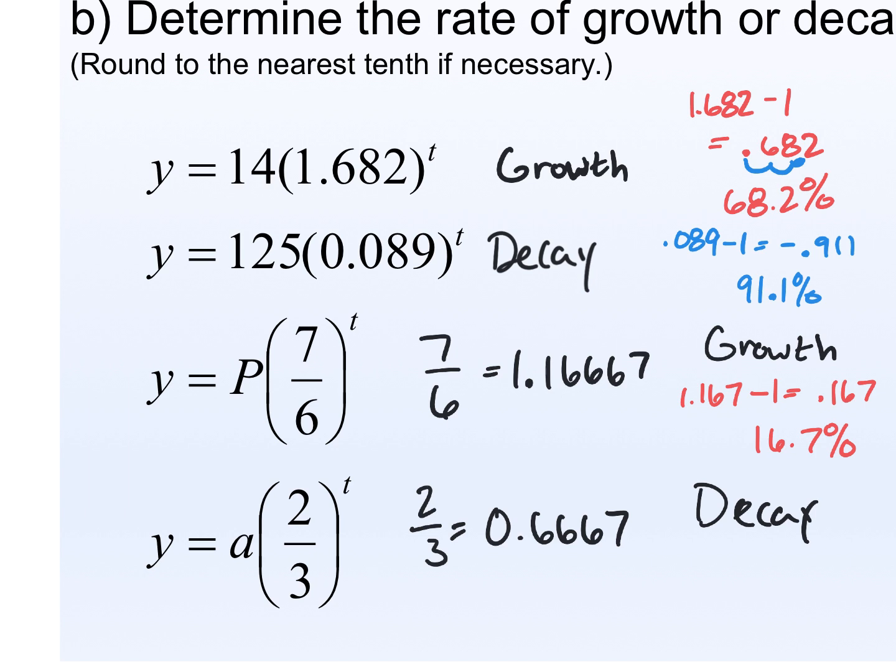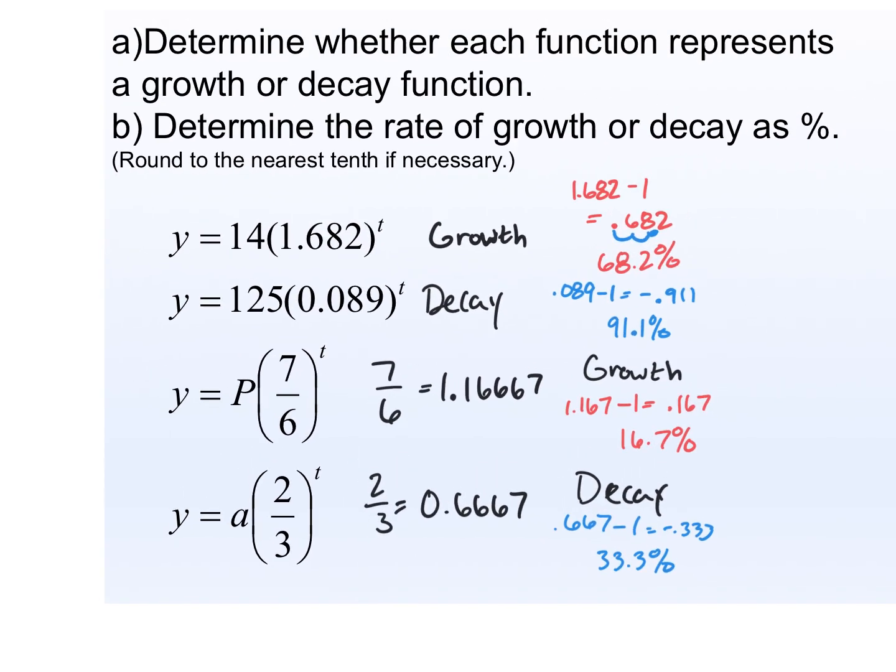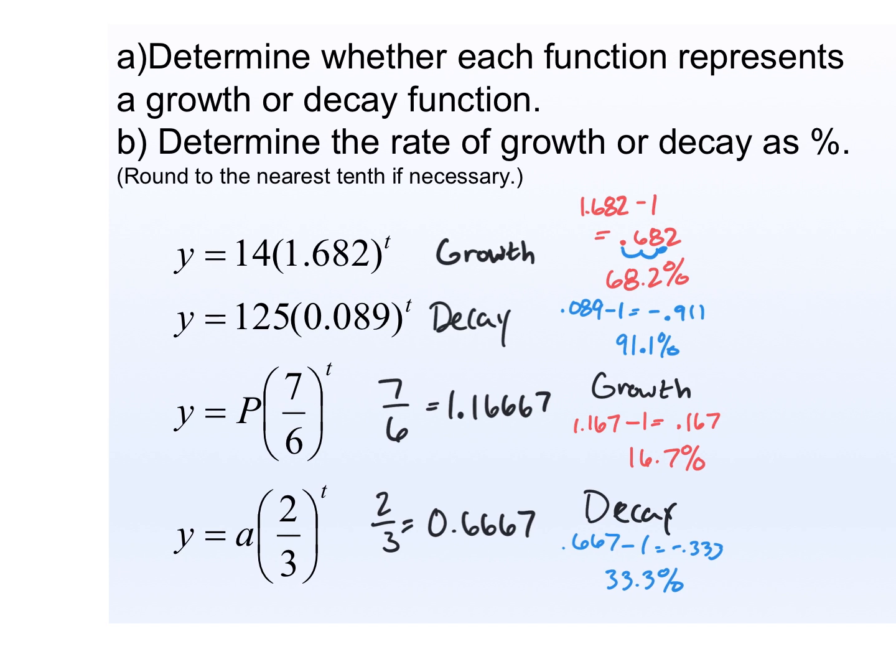Same idea with the last one. 0.667 minus 1 ends up getting you negative 0.333, which ends up being 33.3%. Okay, so we saw a lot of that on our homework. We saw it yesterday in our notes, and we just got to do a little example of getting that stuff figured out.